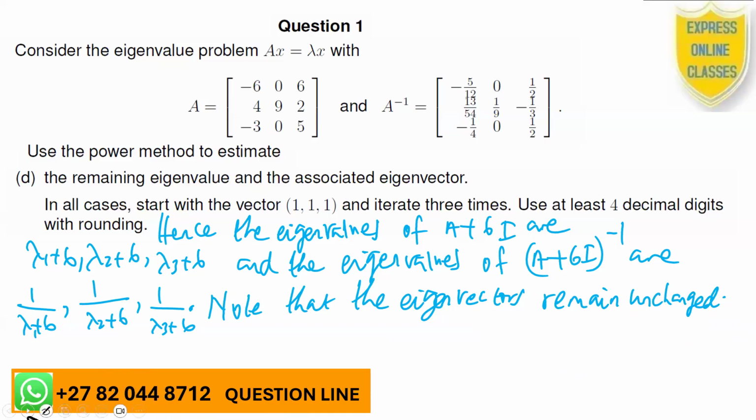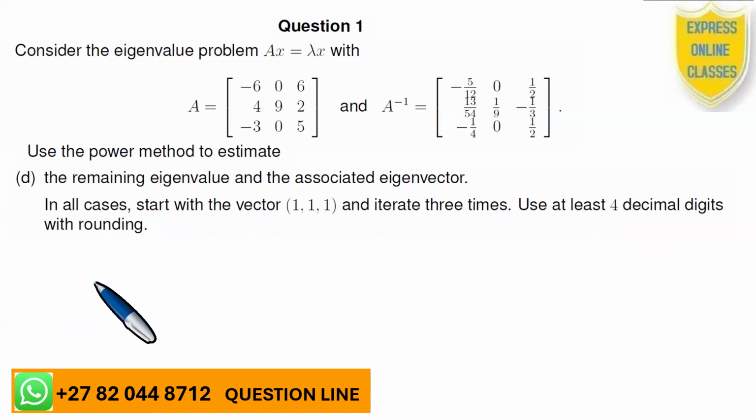We're dealing with the intermediate eigenvalue in a 3 by 3 matrix. This is the biggest you will meet in this module. We did 2 by 2, which is easy because there are only 2 eigenvalues, the smallest and the biggest. But here you also have intermediate ones.